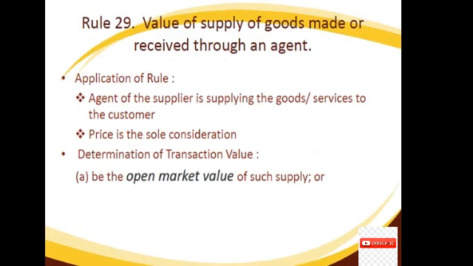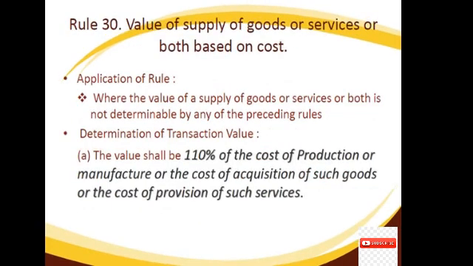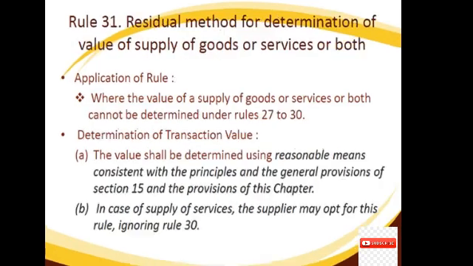Moving to Rule 29, when the value of supply of goods is made or received through an agent, then in that situation the formula says the open market value or 90% of the price that is being charged from unrelated customers, whichever is lower. Rule 30 says where the above valuation rules are not being used in a proper manner, then the valuation will be assumed to be 110% of your cost of production.